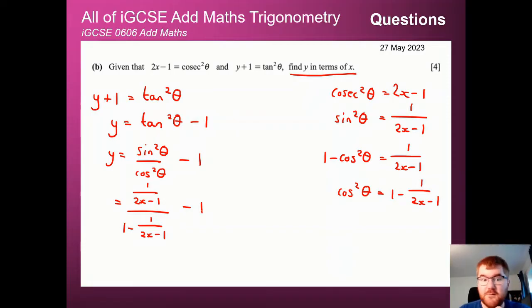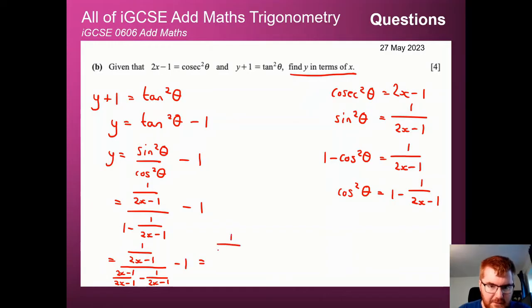Again, a similar trick to what we did here. So what I'm going to do with the denominator, I like testing this kind of question, yeah? We're going to do 2x minus 1 over 2x minus 1 minus 1 over 2x minus 1. So we write it as one fraction, basically.